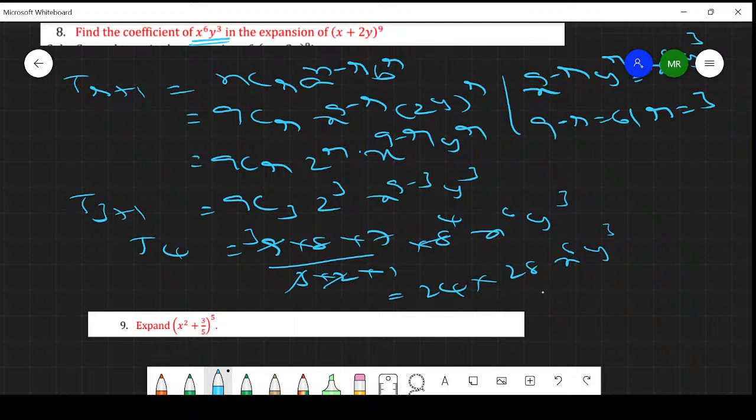You multiply 24 and 28. That is the coefficient of x power 6 y cube. You can simplify this, you will get the answer right.